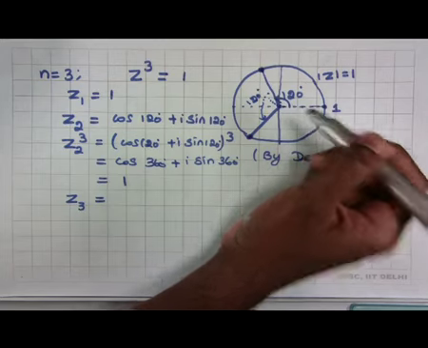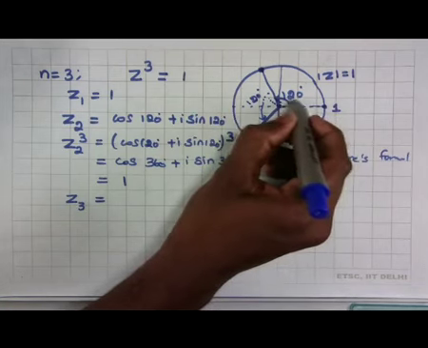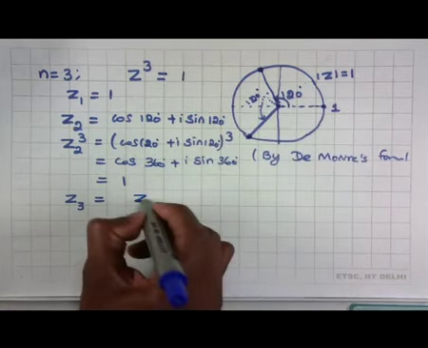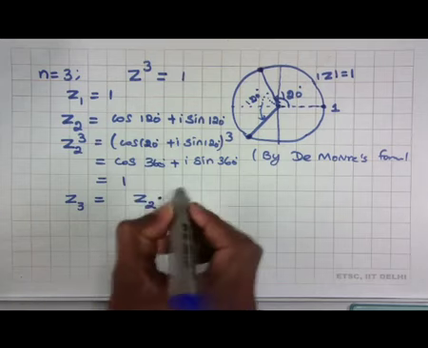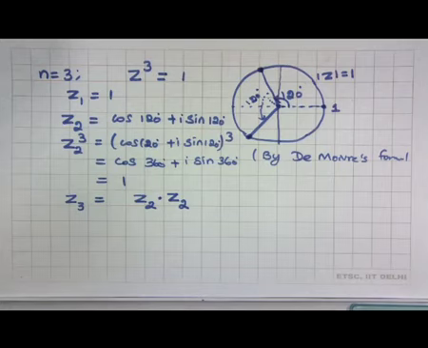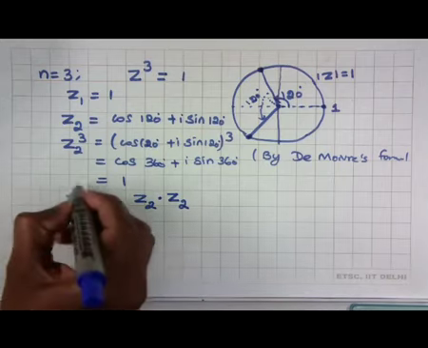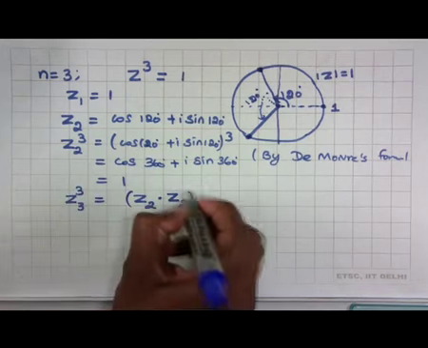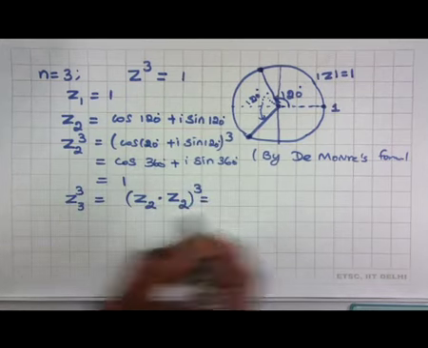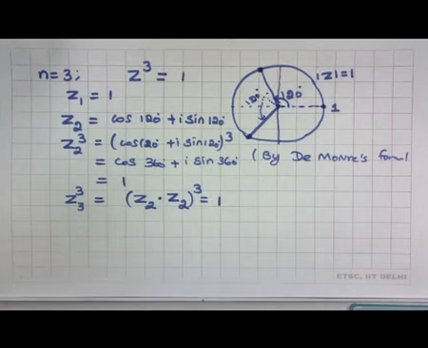So, originally the 120 degrees comes from Z2, and Z3 is nothing but Z2 multiplied by Z2 itself. Now, you take the power 3, and you see that Z2 cube is 1. So, we see that it is 1.